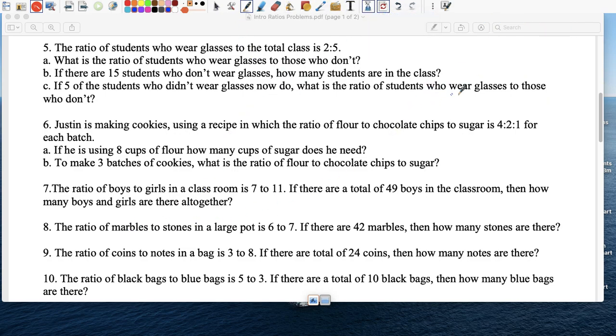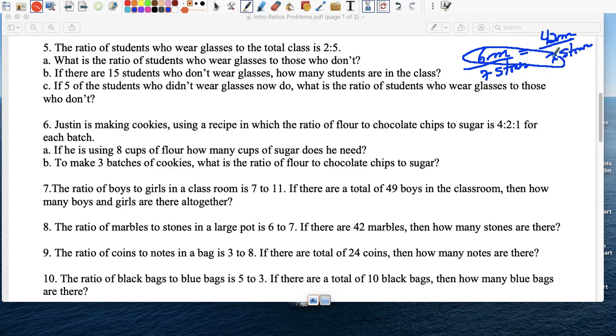Marbles and stones in a large pot. So again, marbles, 6, stones, 7. There are 42 marbles. Okay, these are way too easy for you guys. How many stones are there? I'll cross multiply this one just to be a little bit different.